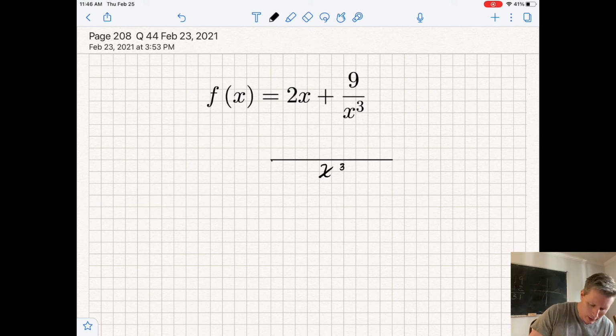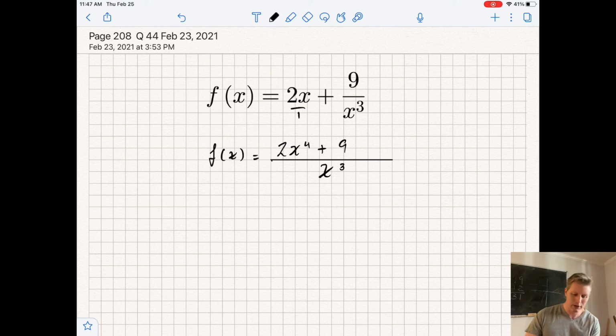I can think of 2x as 2x over 1. So 1 goes into x cubed x cubed times, and x cubed times 2x is 2x to the 4. Plus, x cubed goes into x cubed once, 1 times 9 is 9. And so f of x, written as a single fraction, is 2x to the 4 plus 9 all over x cubed.